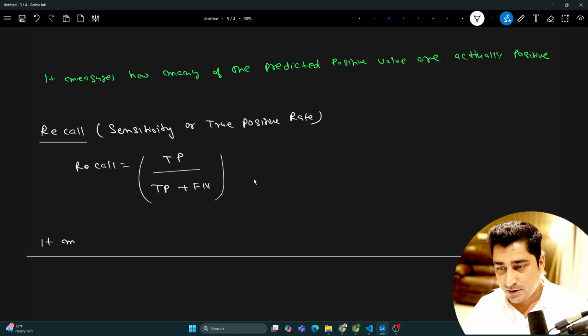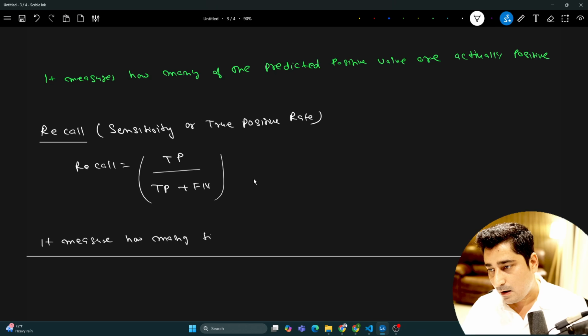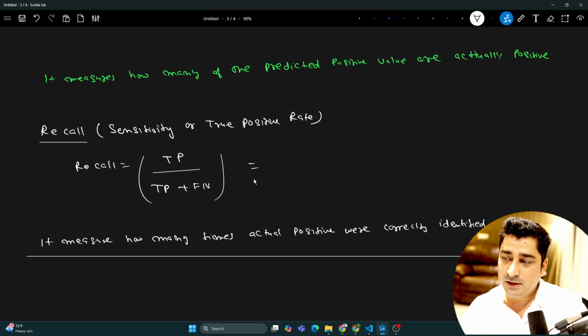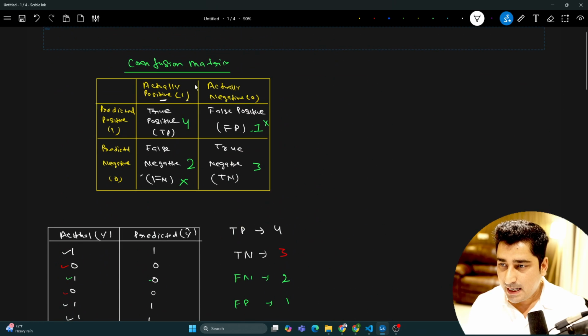Basically, it is going to measure how many times actual positives were correctly identified.